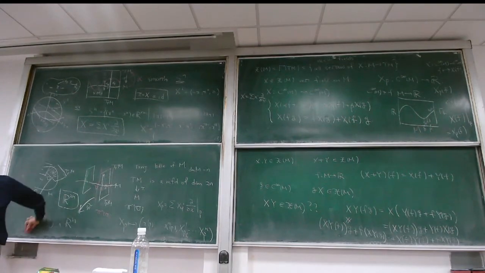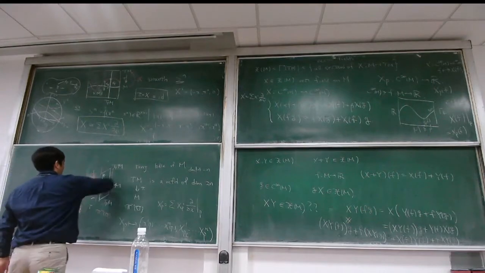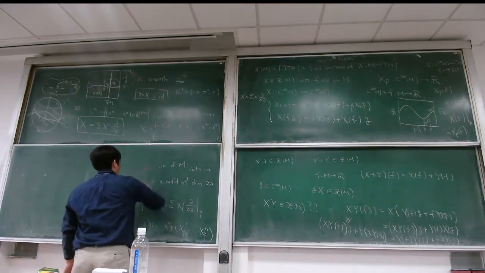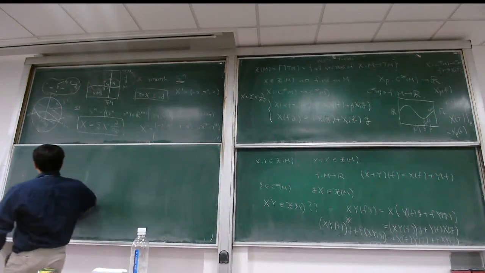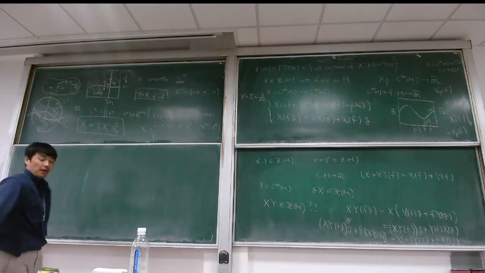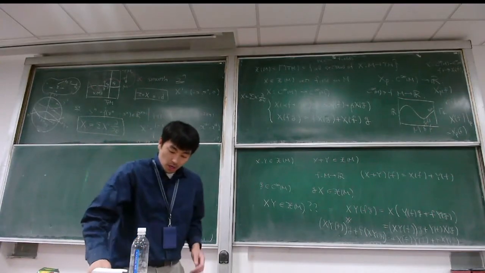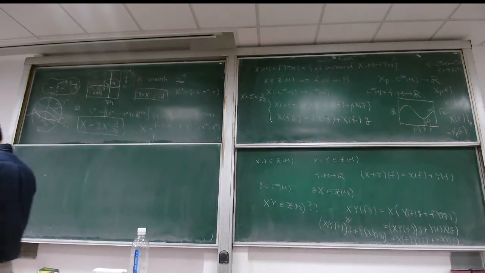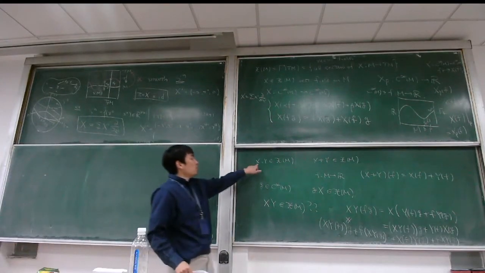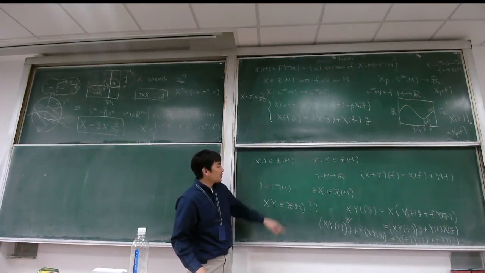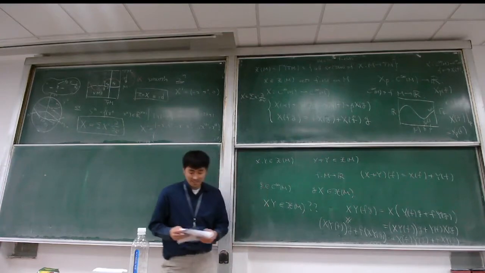Okay, so those are just properties of the vector field. They just form some vector space under C infinity of n.